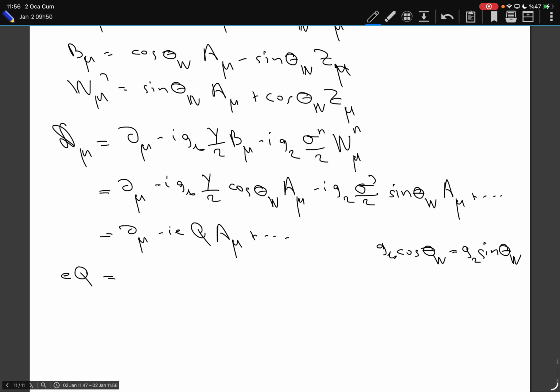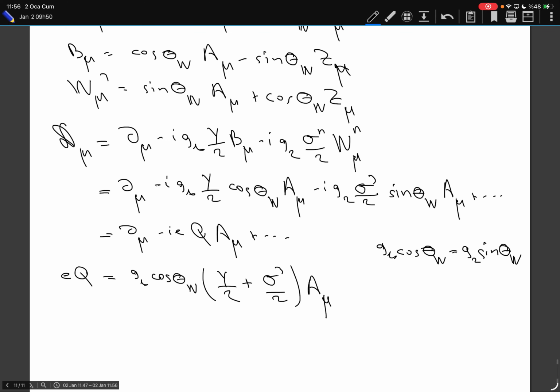So I have, let me just keep G1 times cosine theta Weinberg times y over 2 plus sigma 3 over 2, A mu. Plus other terms. Okay, this is enough.